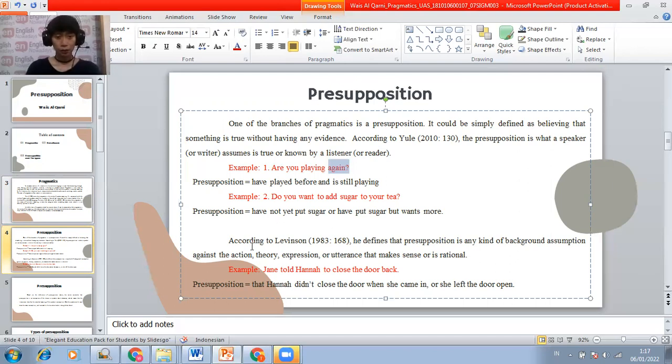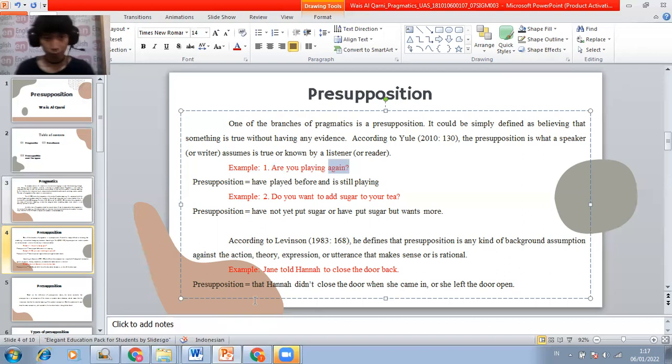Another expert's opinion I have is from Levinson. According to Levinson, 1983, page 168, he defines a presupposition as a kind of background assumption against which an action, theory, expression, or utterance makes sense or is rational.